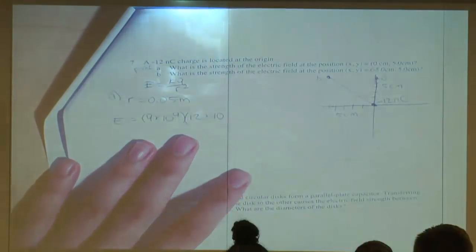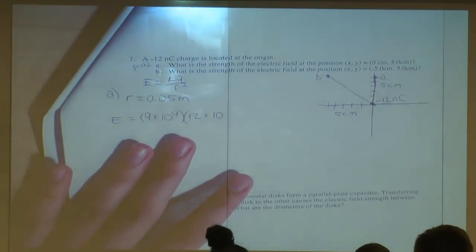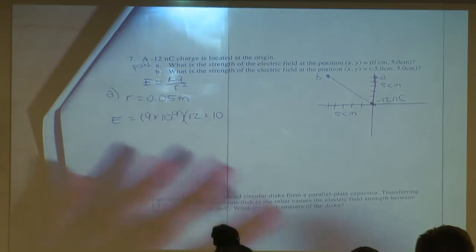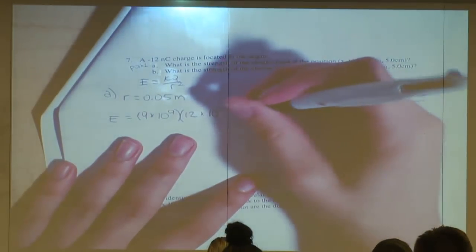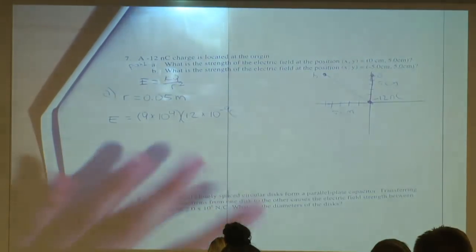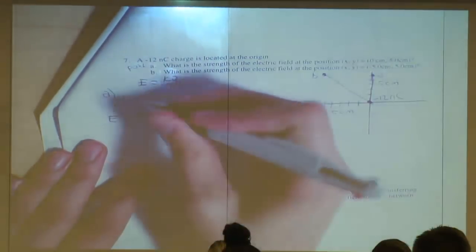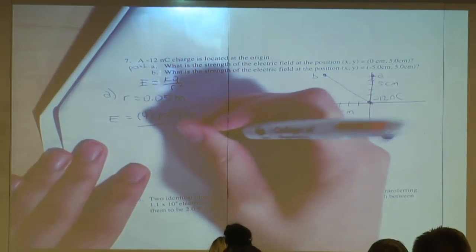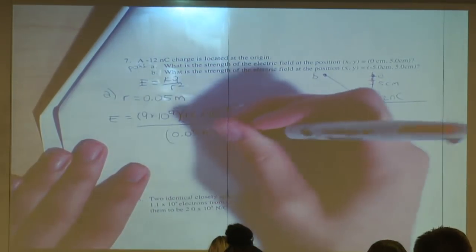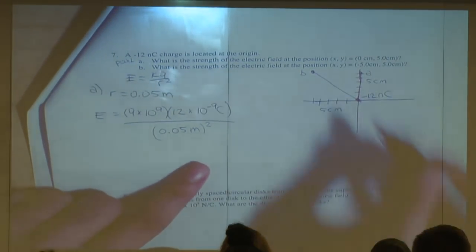When it gets important is when you're doing voltage questions, like potential difference questions. I think I put one of those on here, so we can do that. So 12 times 10 to the negative 9th coulombs. That's what Q is. And then we already said what R is, so it's going to be over 0.05 meters squared. So that's the equation for this point right here.